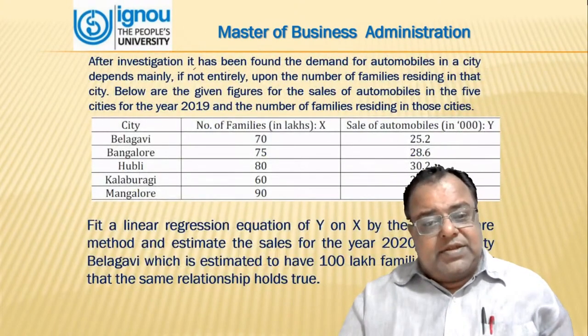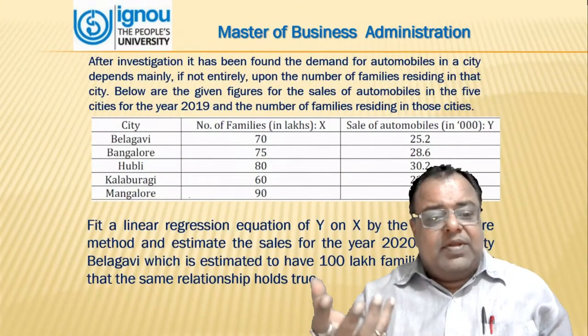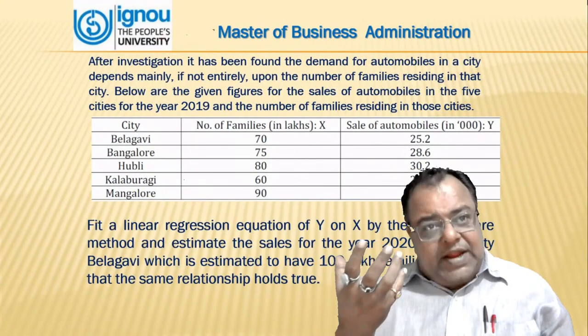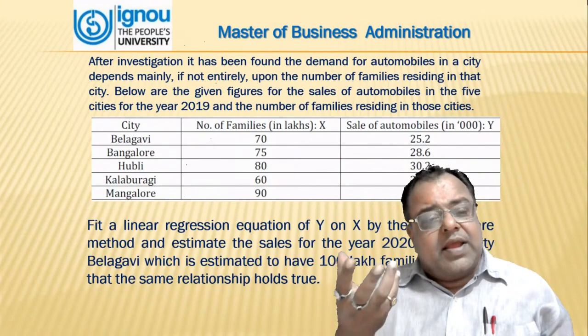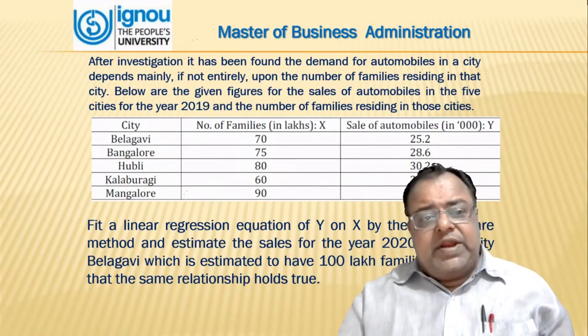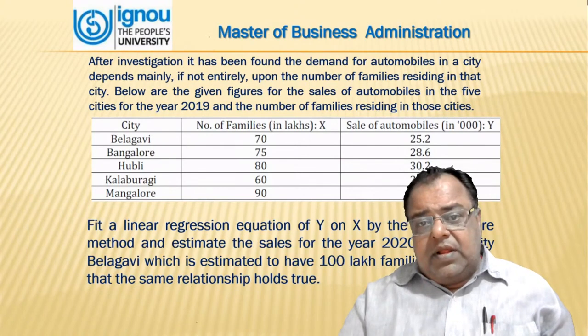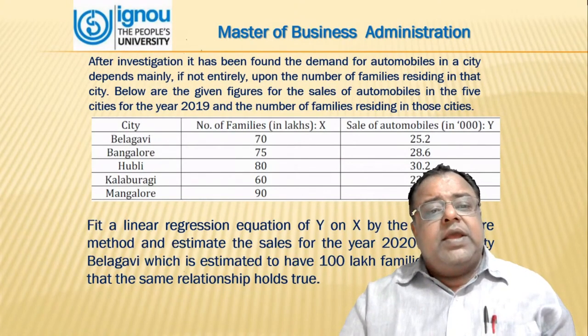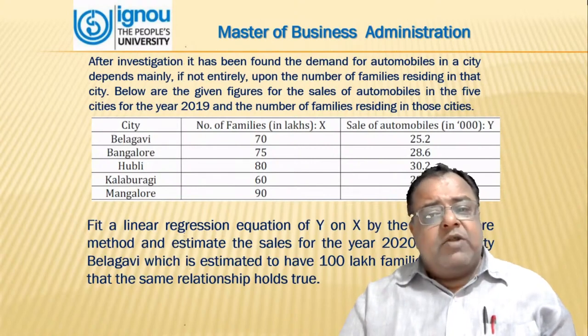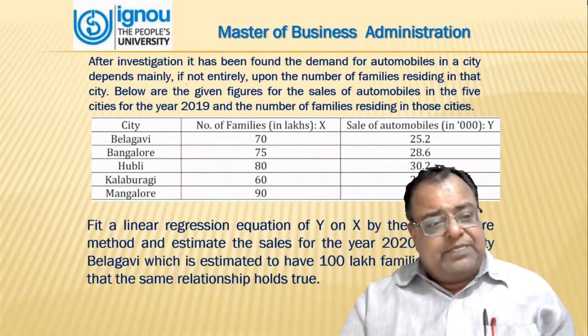Now, we can discuss this problem, how regression coefficients and regression lines are calculated or drawn. After investigation, it was found that the demand for automobiles in a city depends mainly, if not entirely, upon the number of families residing in that city.